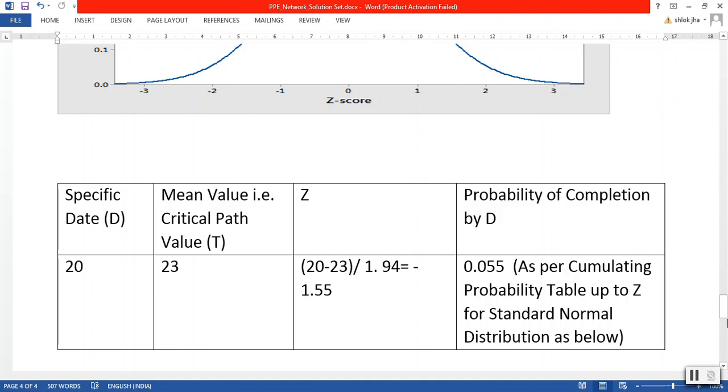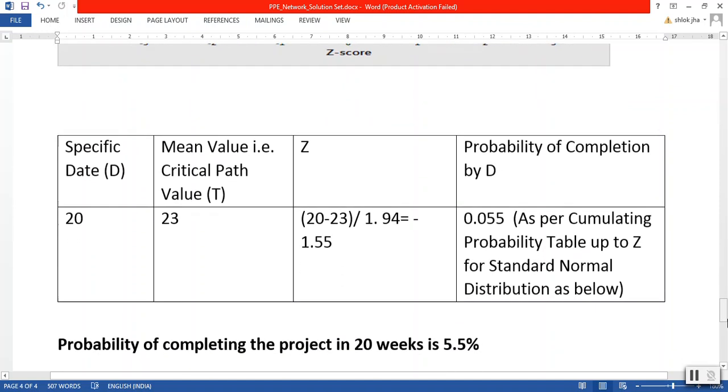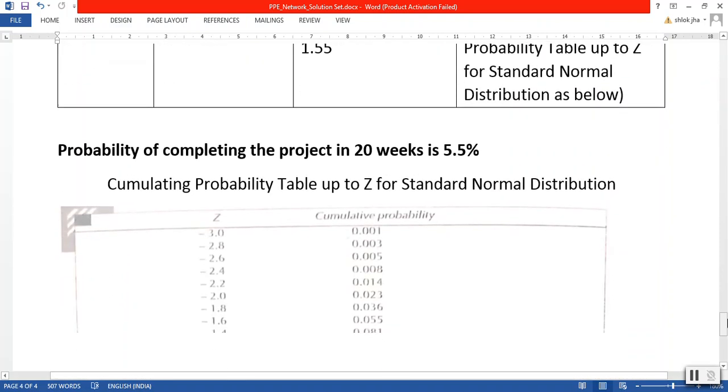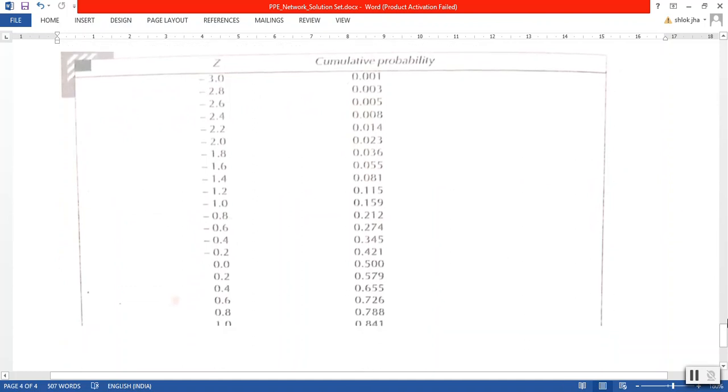This is taken from the Z table, the corresponding value from the Z table. The nearest value of minus 1.55 is taken from this table. What is the nearest? For minus 1.55, the nearest is minus 1.6, and the corresponding value is 0.055.